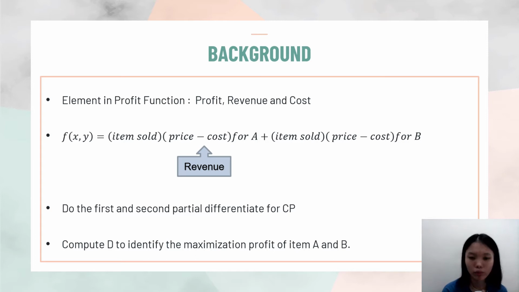Let's say we have 2 variables, x and y, for item A and B. The profit function will look like the slide. f of x, y is equal to items sold multiplied by price minus cost for item A, plus items sold multiplied by price minus cost for item B. After that, we are going to do the first partial derivative and the second partial derivative to find the critical point. Then we are going to compute the D, which will help us identify the maximum profit of item A and item B.